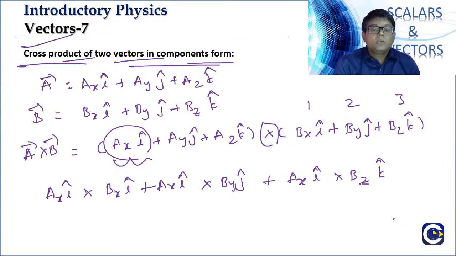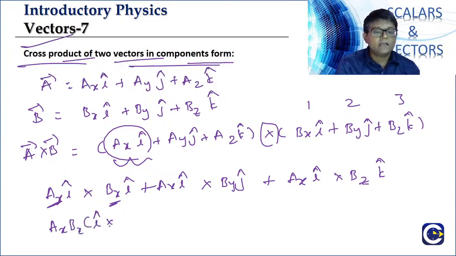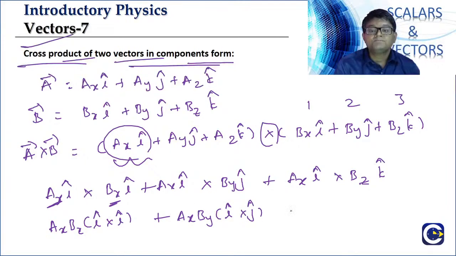Okay. So here we are going to use the associative law. Remember, if you have the numbers m and n, we can keep the m and n together. So just look at this, guys. Ax into bx I cross I plus ax into by I cross j plus ax into bz I cross k.